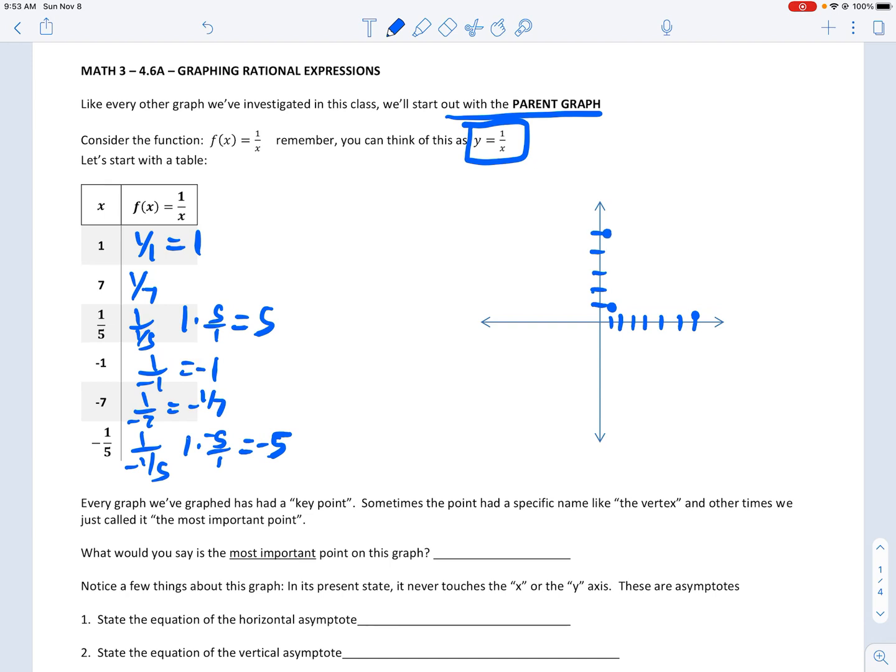Okay, and then -1, -1, -7, -1/7, and then -1/5, -5. So let's connect those. So there's our graph.